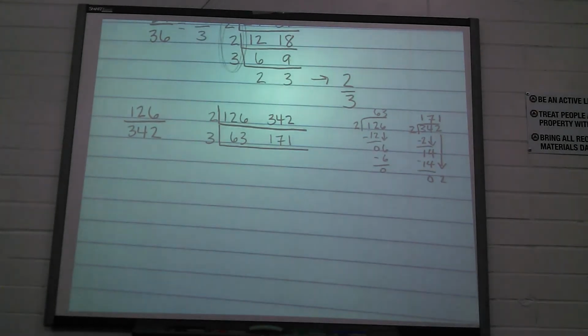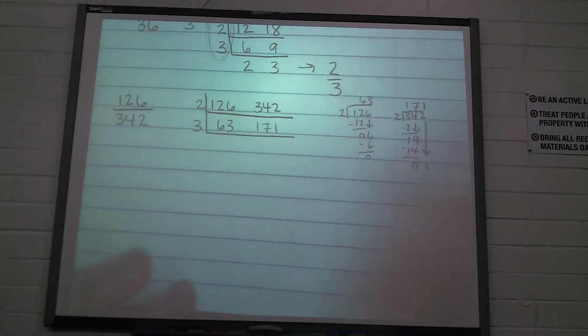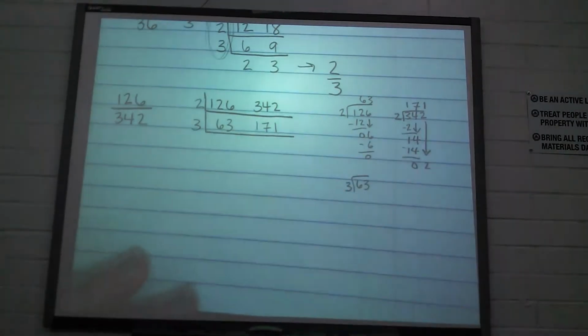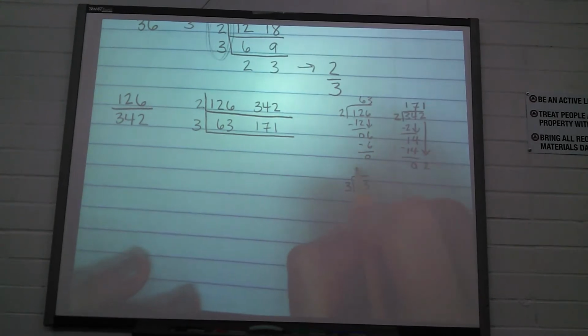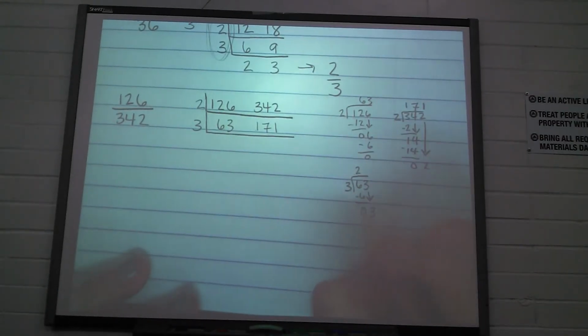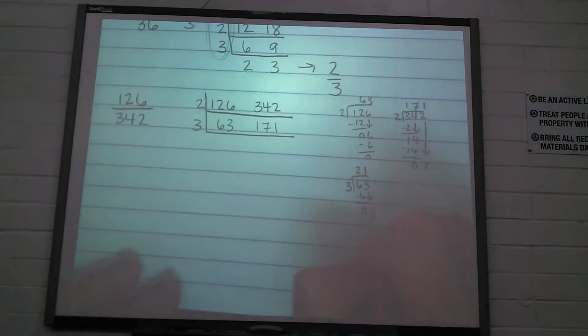All right, this one's going to take some work. All right, off to the side. 63 divided by 3. 3 goes into 6 2 times. 0, bring down the 3. 3 goes into 3 1 time. Our answer is 21.